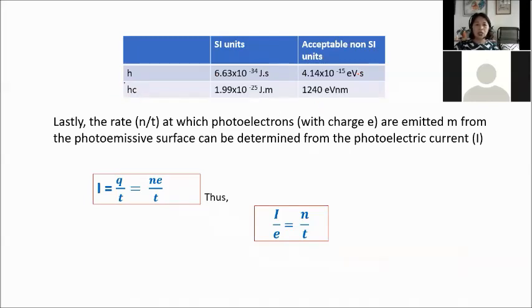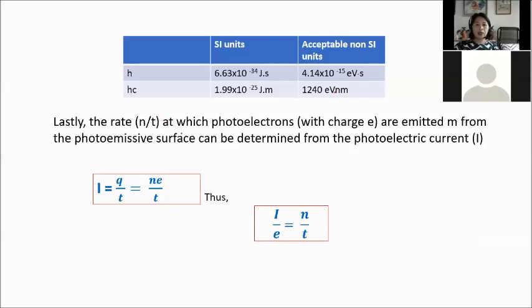For the product Hc, where H is again Planck's constant multiplied by the constant for the speed of light, equal to 3 times 10 to the power of 8 m per s, we have the unit joule.m, with value 1.99 times 10 to the negative 25. And its equivalent value in non-SI units is 1240 electron volt times nanometer.